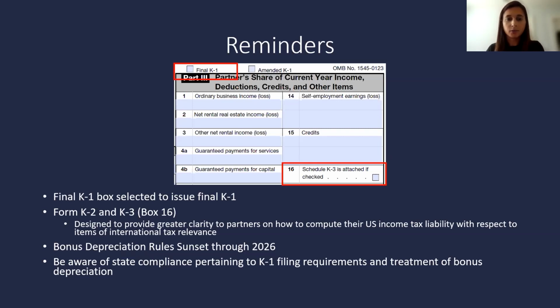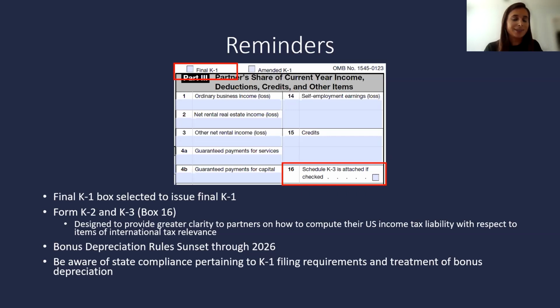Alternatively, the next box would be the amended K-1. So if we were to identify an adjustment necessary and the 1065 were amended and we issued new K-1s, that checkbox would be checked.